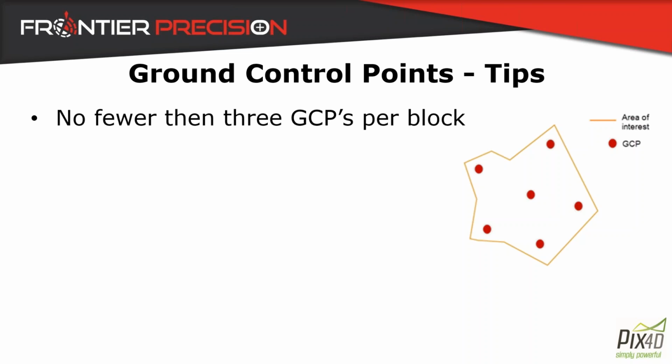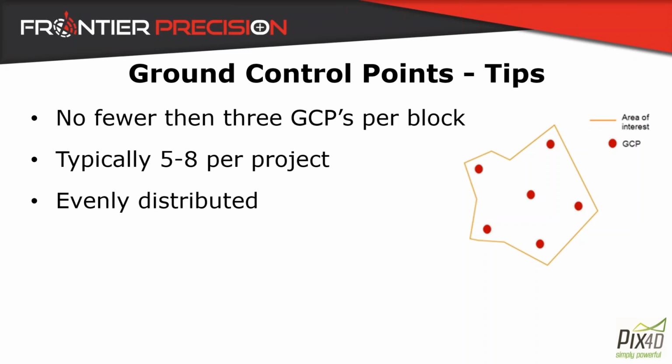So first, you don't want to use any fewer than 3 ground control points per flight. This would be a minimum. Definitely would recommend using more. Typically, you want to look for, say, 5 to 8 per project as a good baseline. But again, having more is not going to hurt you, and I'll tell you why in a minute.